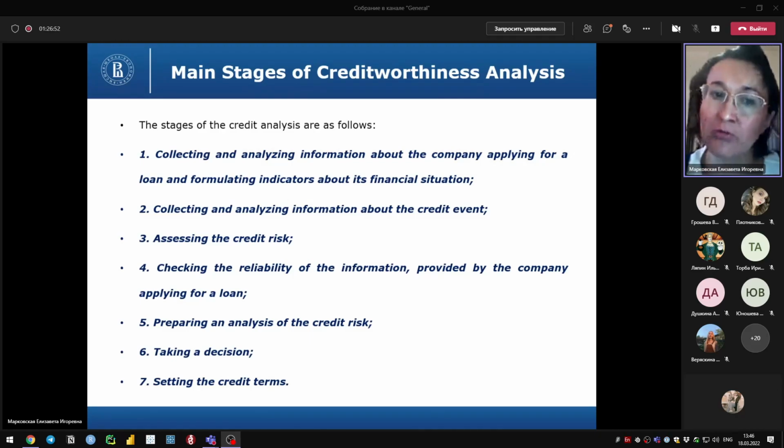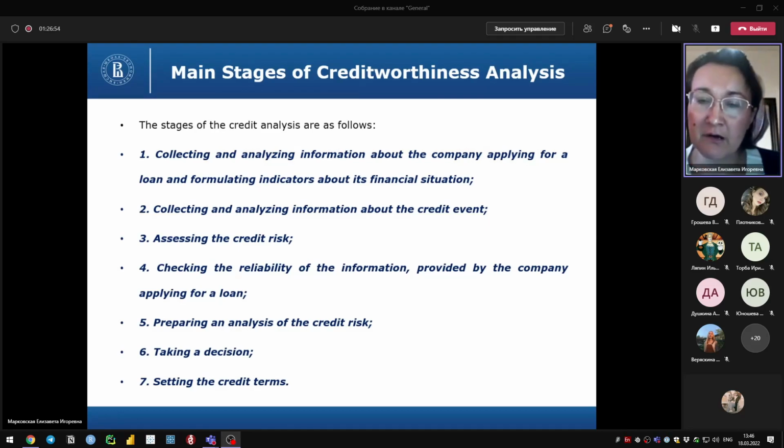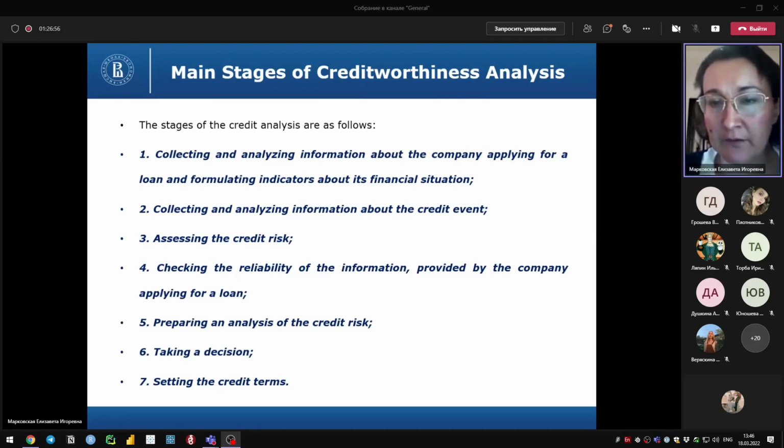The stages of the credit analysis are as follows: collecting and analyzing information about the company, then collecting and analyzing information about the credit deal, assessing the credit risk, checking the reliability of the information provided by the company, preparing the credit risk analysis report, taking a decision.